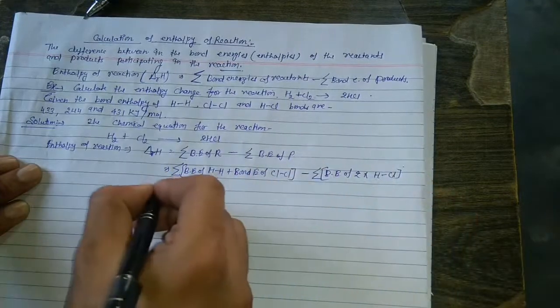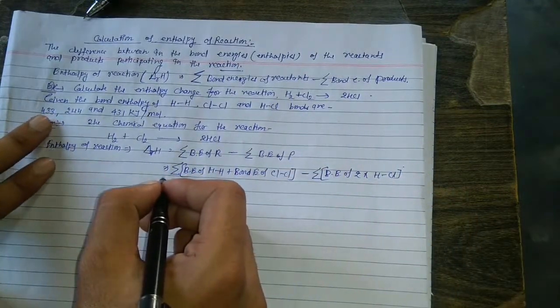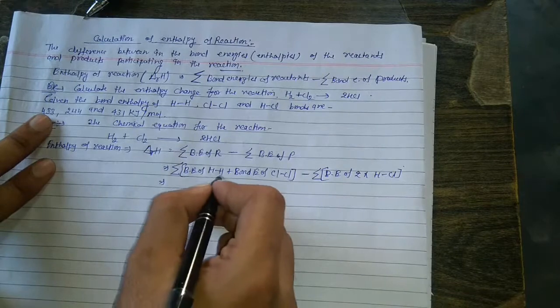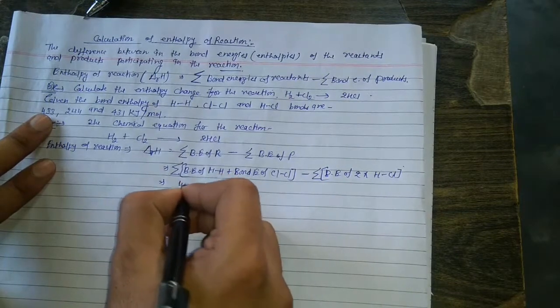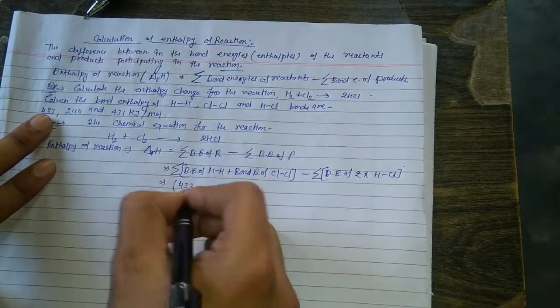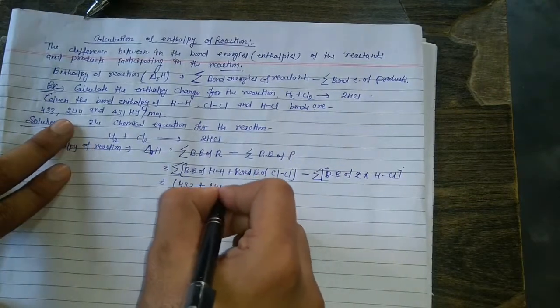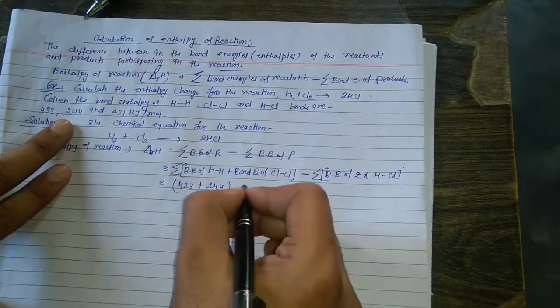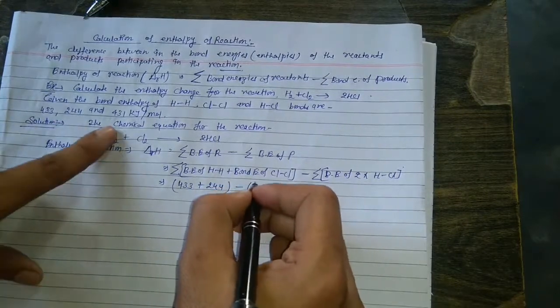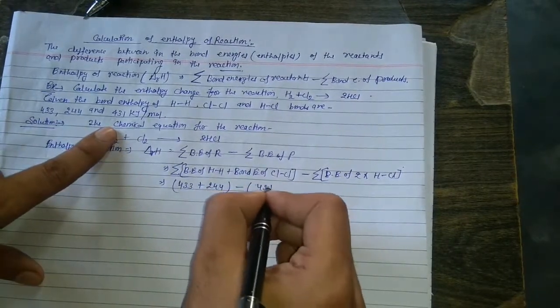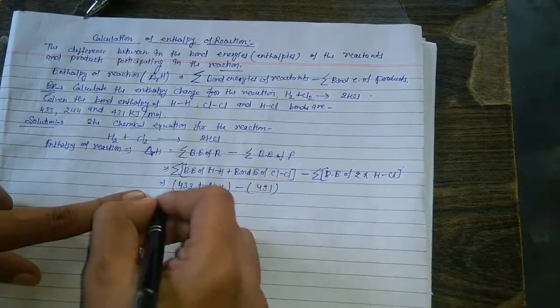Okay, now the data is given to us: 433 for hydrogen single bond hydrogen, plus chlorine we have 244, minus, on the product side we have 431.